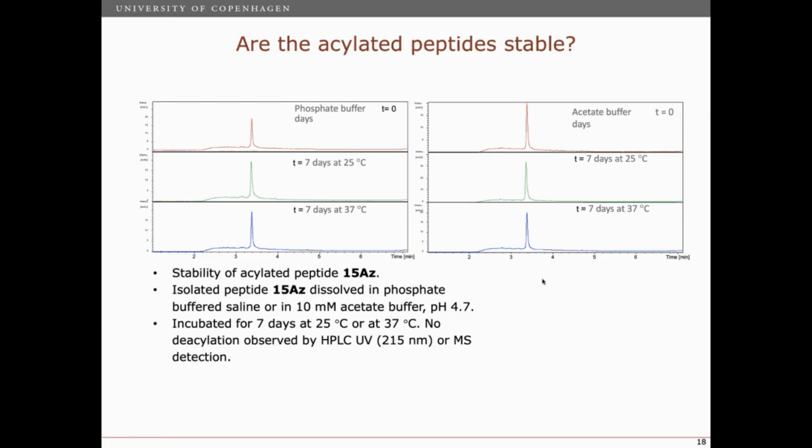So under these conditions, there is no clear indication of reversibility. So we conclude that they are stable. Of course, one could also try to study this in blood serum and so on. But from a chemical perspective, there's no reversibility to be worried about here.